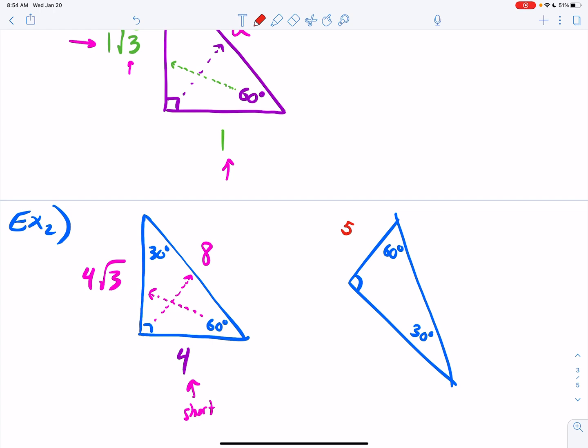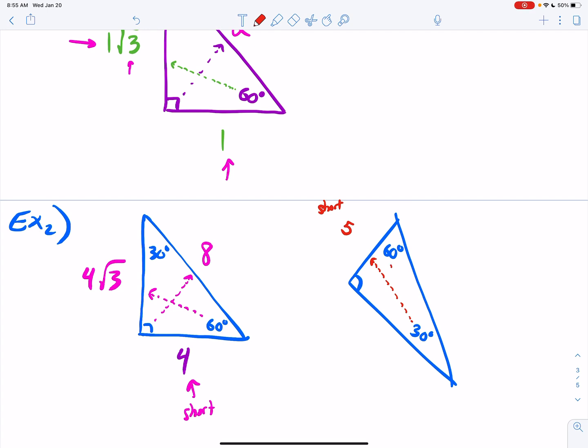Was it the short leg, long leg, or the hypotenuse? So since 30 is right here, opposite of 30 is your short leg. Okay? So what do you know about the other two? Press play when you're ready, all right?